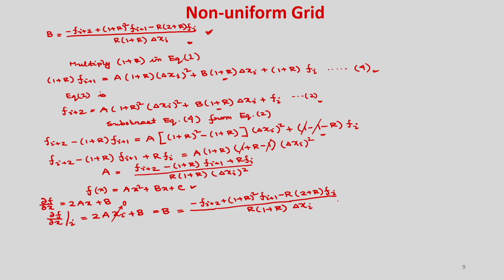Okay. And if you see, this will be second order accurate approximation. So, that we are not showing here, but if you can find the order of approximation, you will get second order accurate approximation.